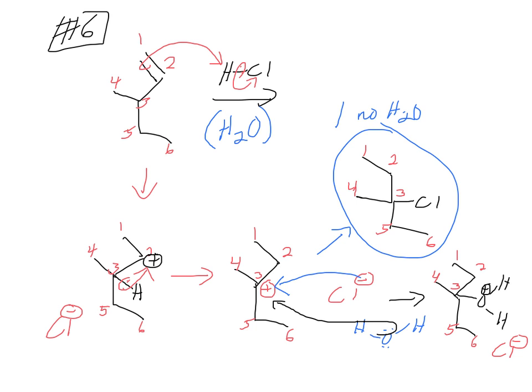That's the product. If there was water around, the HCl would have grabbed that last H, the electrons would have gone to the oxygen, and we'd have made an alcohol and HCl.